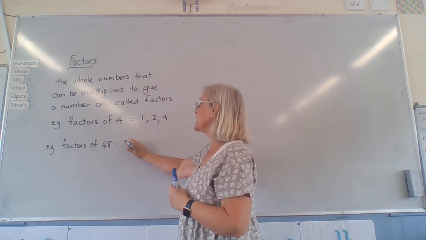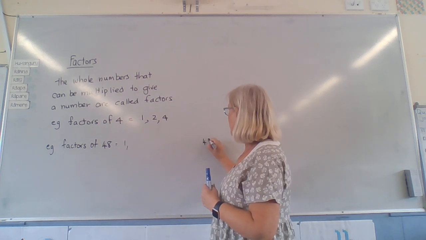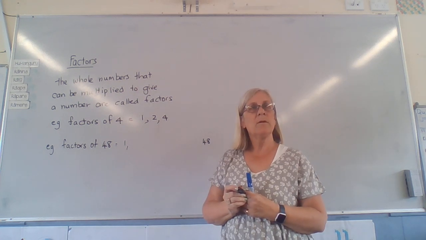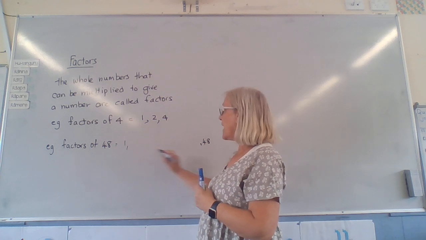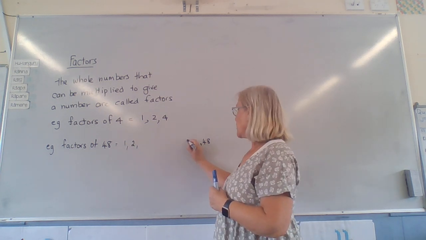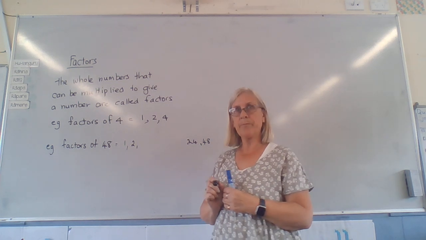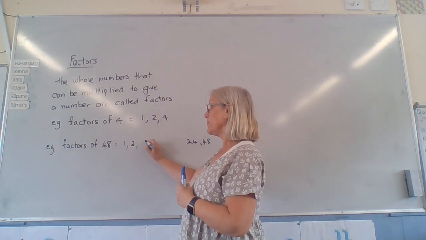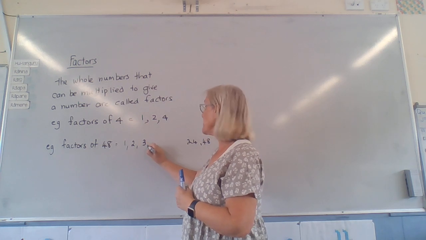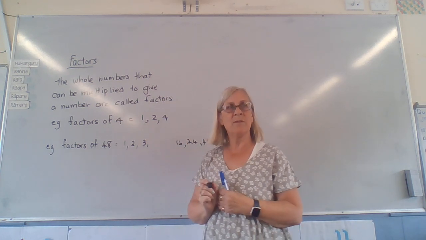All right, so we start 1. 1 goes with, we're going to write it way over here somewhere, 48. All right, the next number that can be multiplied is 2. 2 times 24. Can 3? 3 times 16. Can 4?